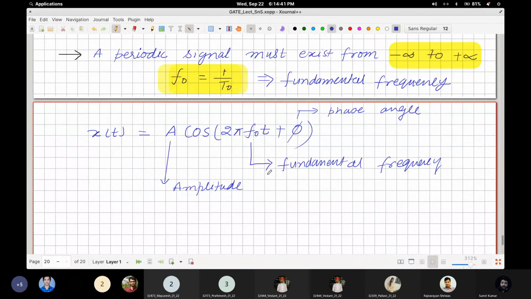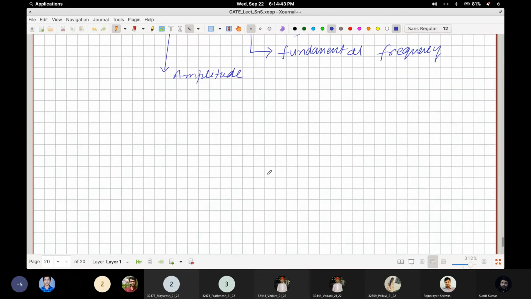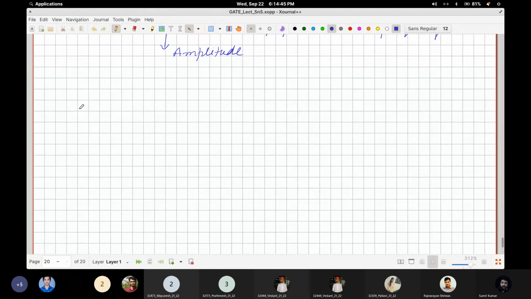Yes, sir. Okay, now there is one more question here. Let's say x(t) is a linear combination of two signals, x1(t) plus x2(t).